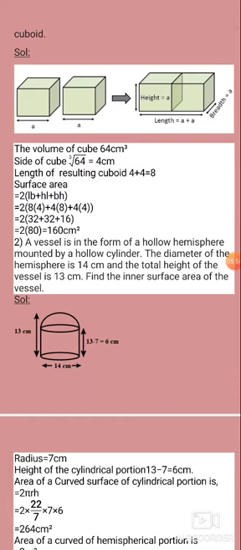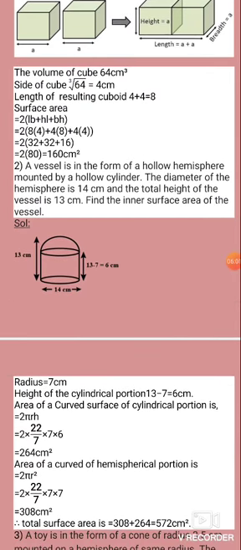That is, 7 and 7 are cancelled, and the remaining we need to multiply. Then CSA of the hemispherical portion is equal to what? 2 pi r square. So 2 pi into radius 7, 2 pi into 7 into 7. When you cancel 7 and 7 and multiply, what we get?